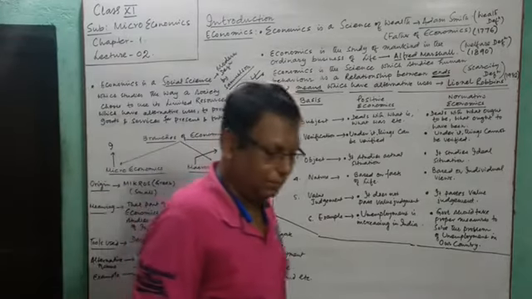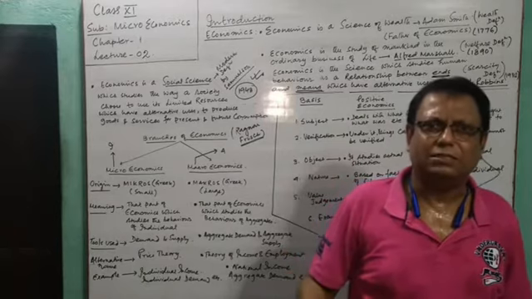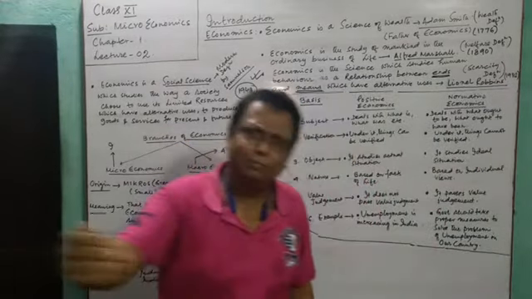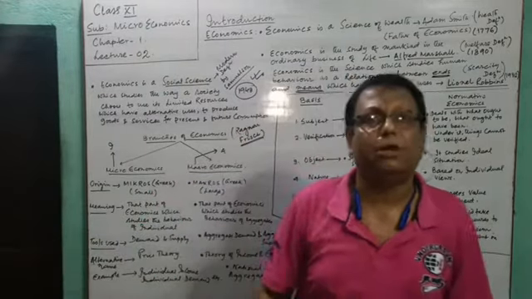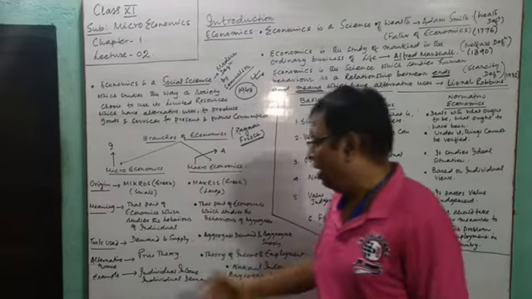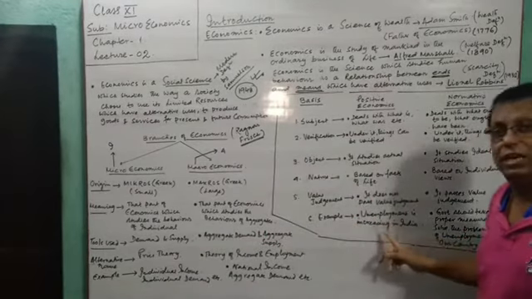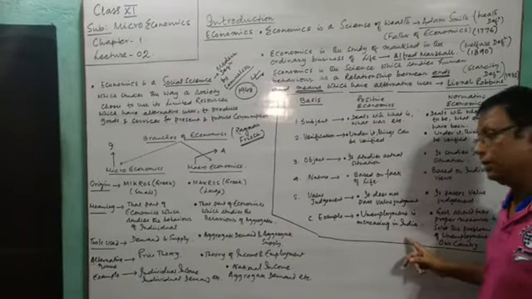But after 1 or 2 hours, go and see what happens. Some of them get the job and go for work, and some of them are returning. Those who are not getting the job remain unemployed for that very day. So unemployment is a regular phenomenon of our society, and day by day it is increasing. Unemployment is increasing in India.